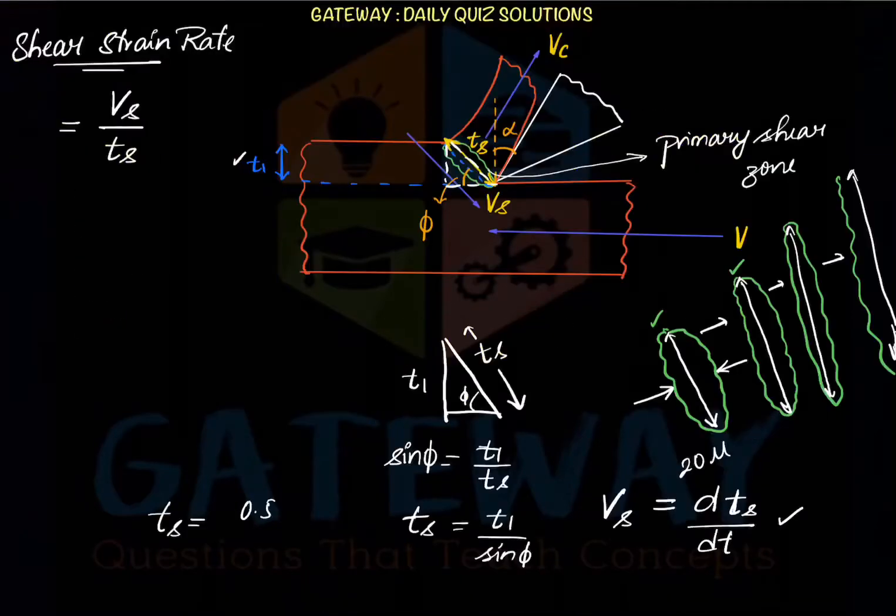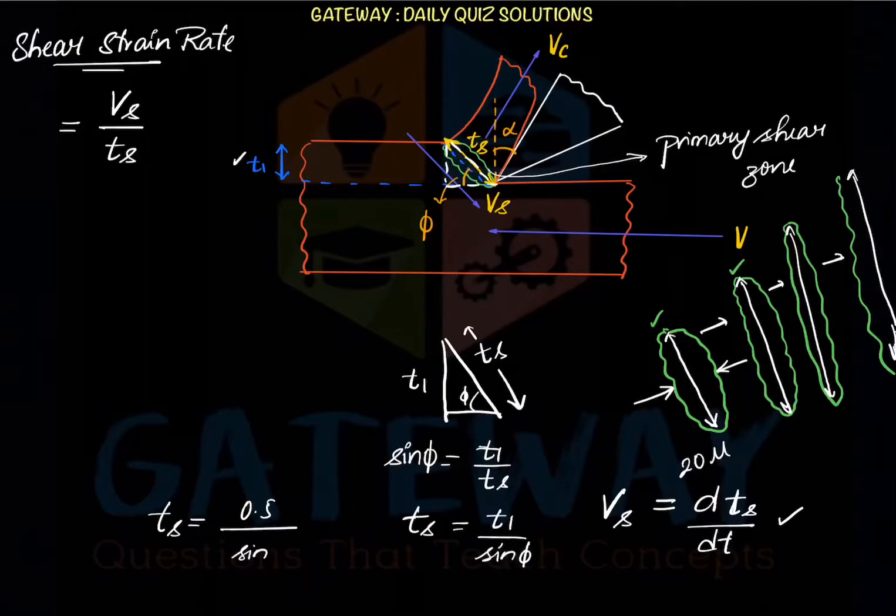So it is 0.5 upon sin of 20.0187, and the thickness of shear comes out to be 1.46059 mm.